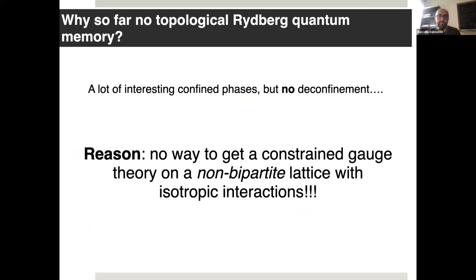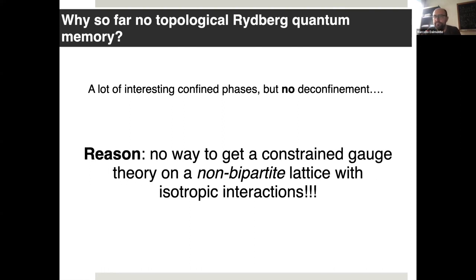The detailed reason I will just mention, but if you're not familiar with it, it will sound obscure, so you will have to believe me a bit. In order to have these very well protected quantum memories, what you have to realize is a gauge theory of the type that I showed you, this quantum ice, on a lattice which is non-bipartite.